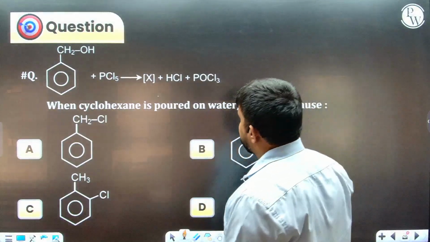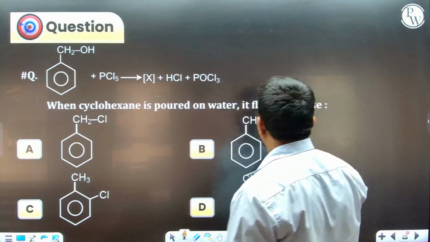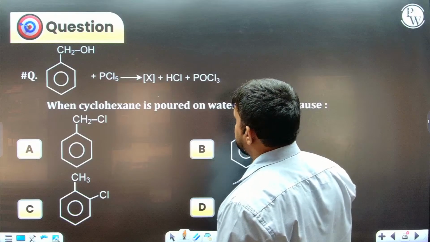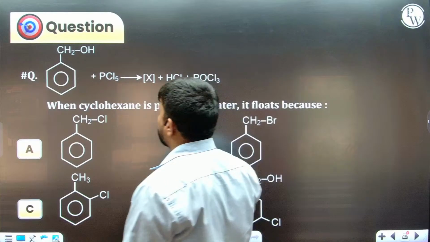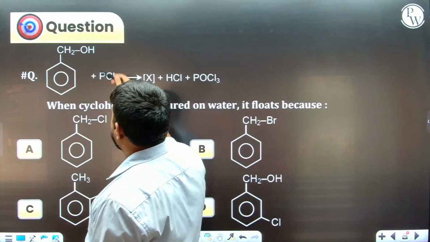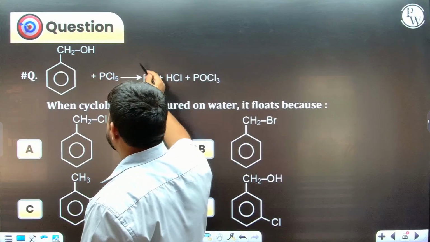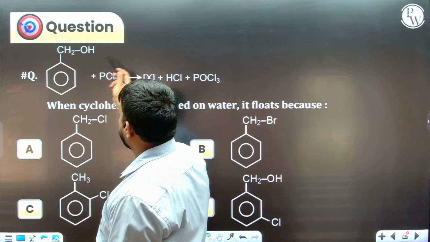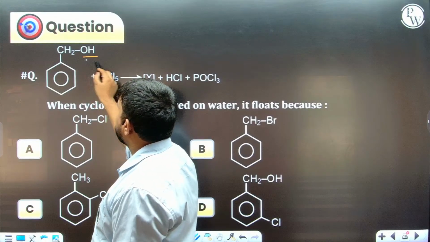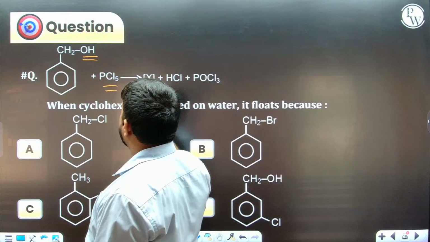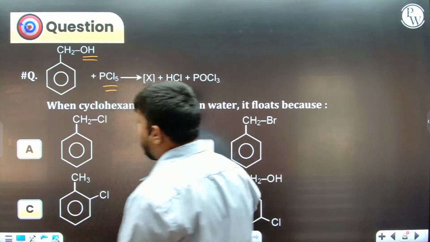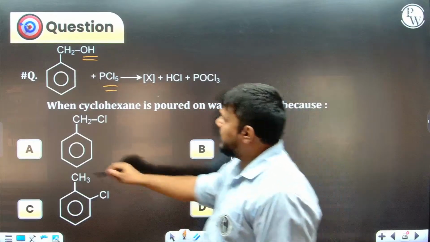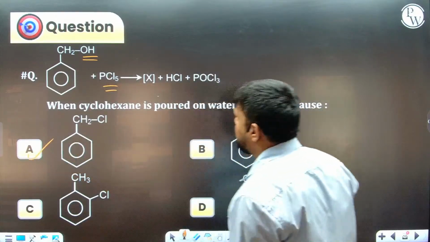When cyclohexane is poured on water, it floats on water because... Okay. And this also they have written. So I think mixing of two questions over here has happened. We are directly looking at what is happening. This is alcohol with PCl5. What will it do? It will provide chloride ion, which will substitute the OH, and you will definitely get the first option as the answer over here.